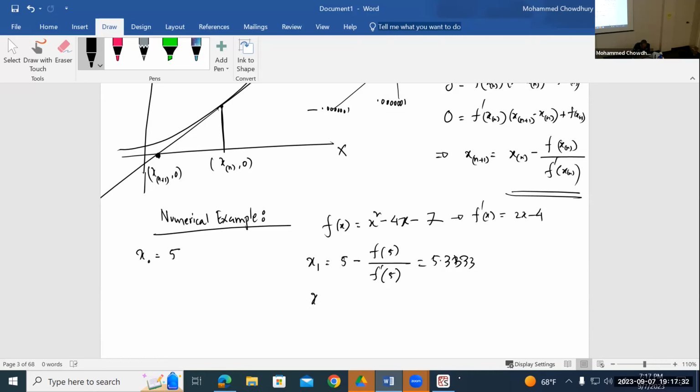And then if I want to do it again, x2, that means this one would now be my guess. That is what I want to put in here, here, and here. This one, I want to put in there, there, and there, and then I got 5.31. And if I continue these things, then like this, I got 5.31662. That means I got a stable result.